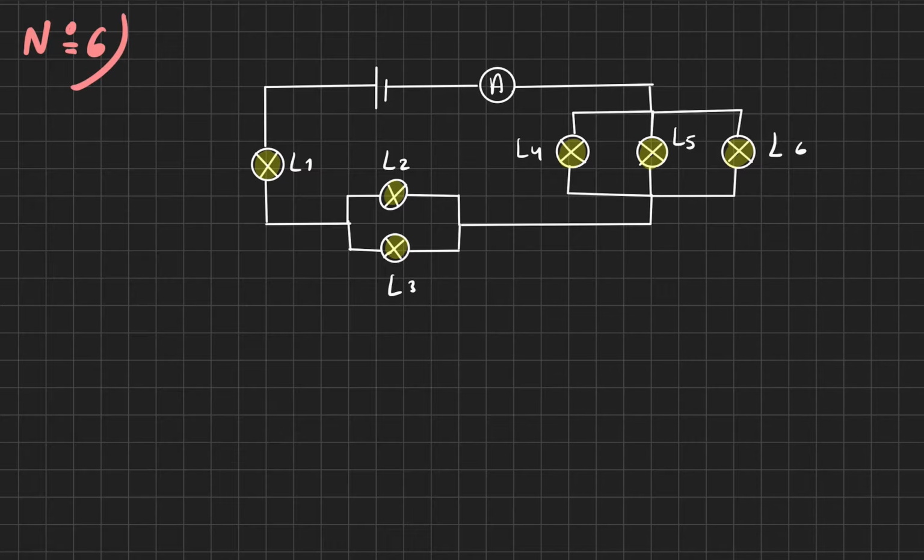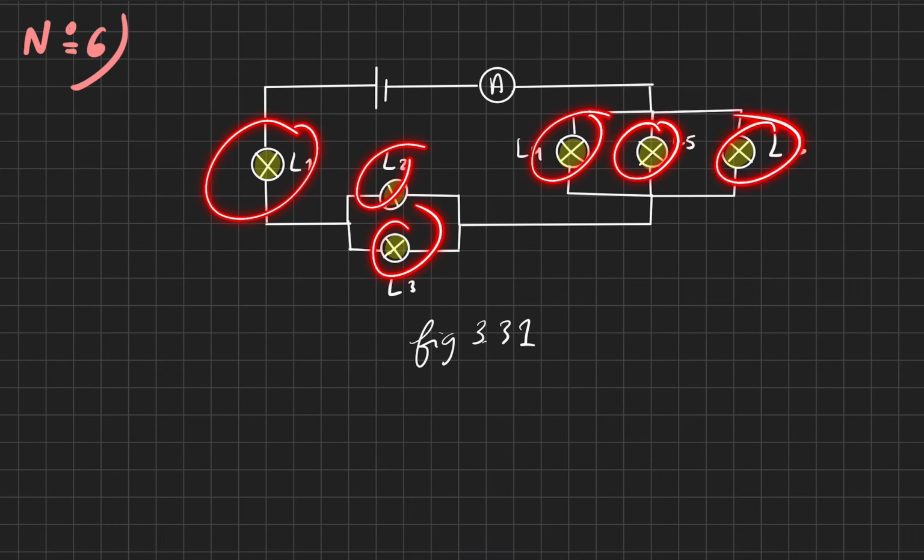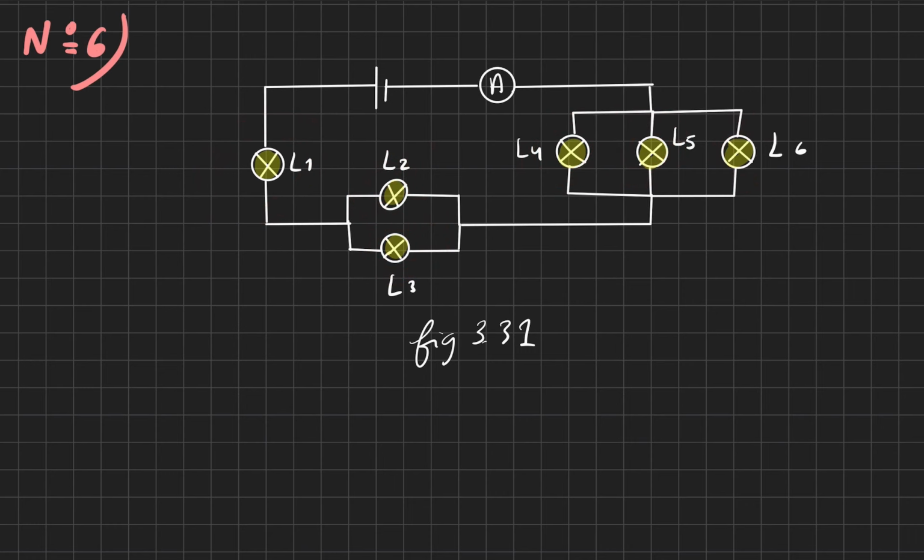Let's read it together. In the circuit of figure 3.31, the lamps are identical. So all these lamps here, here, here, here, and here, all of them are identical lamps.